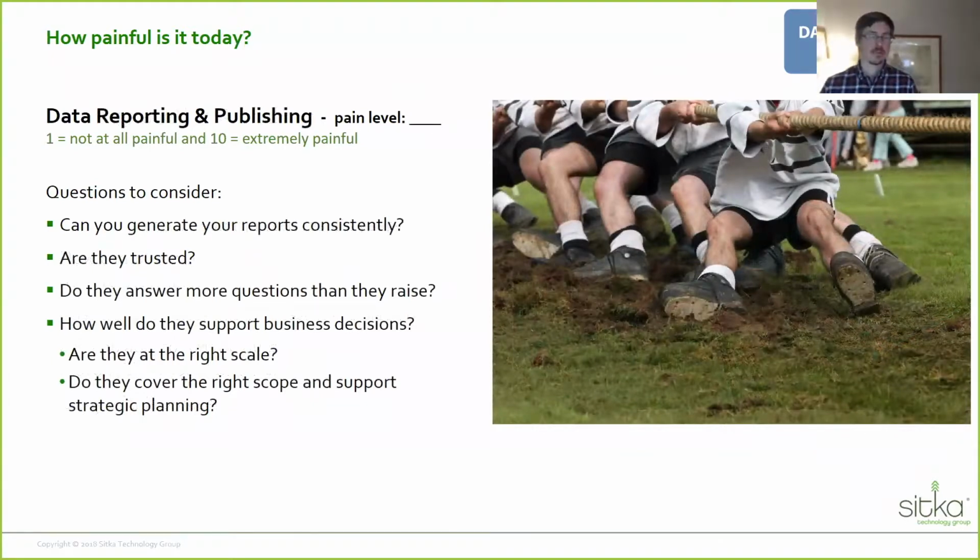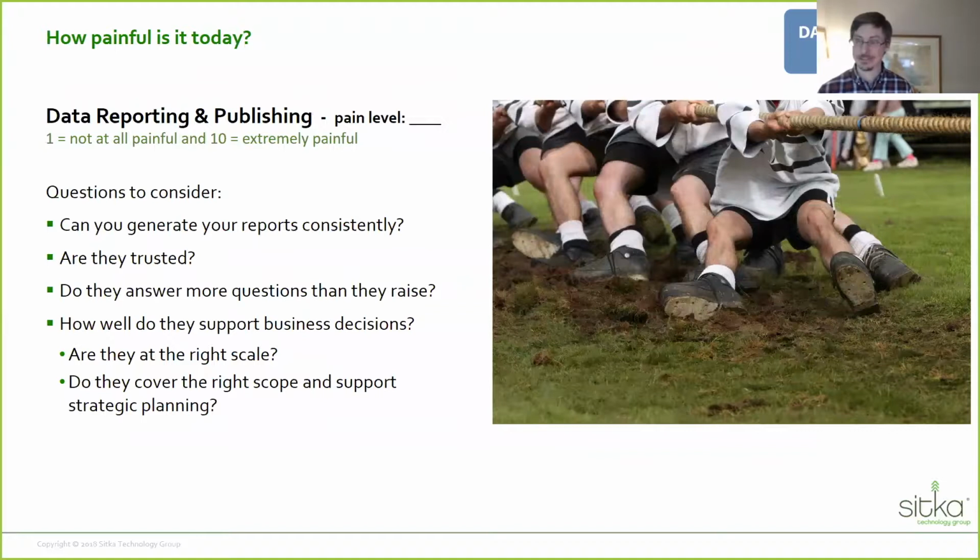Next aspect here is data reporting and publishing. Can you leverage your data to build knowledge, and does it help you communicate your progress? This is about the transformation of information into knowledge. Questions to consider here are, do you trust the reports that you're looking at?